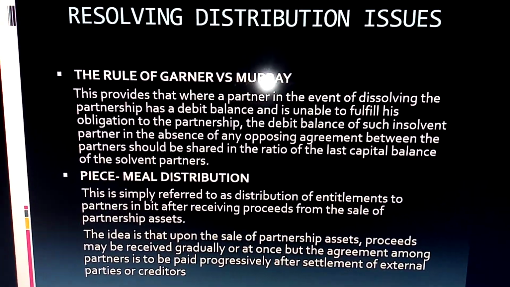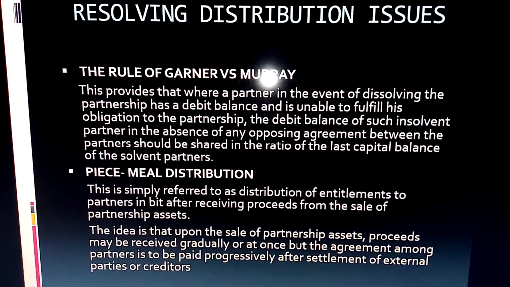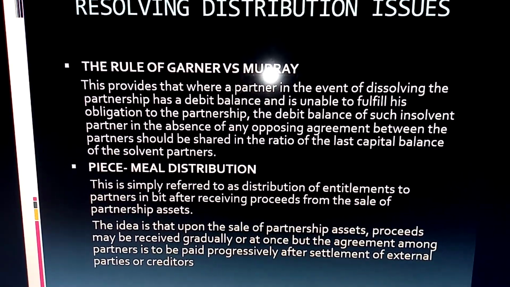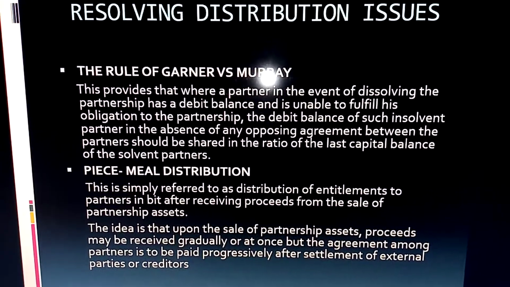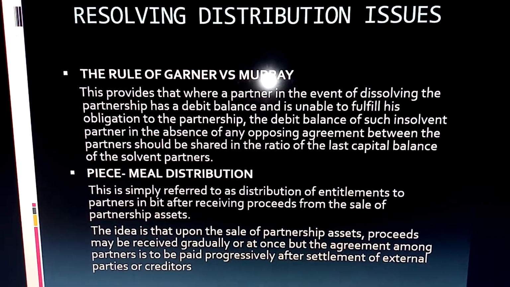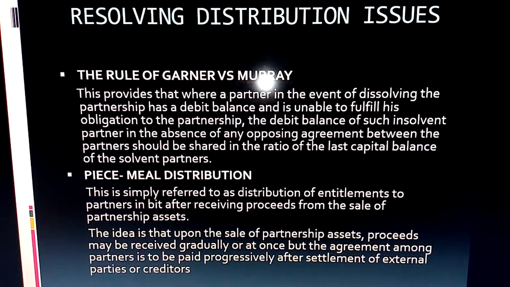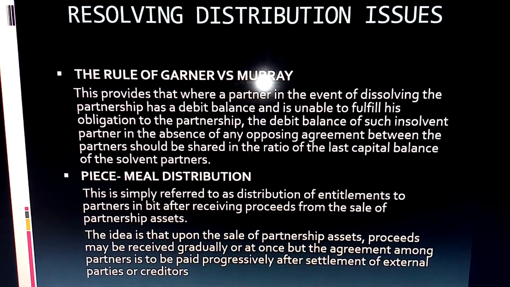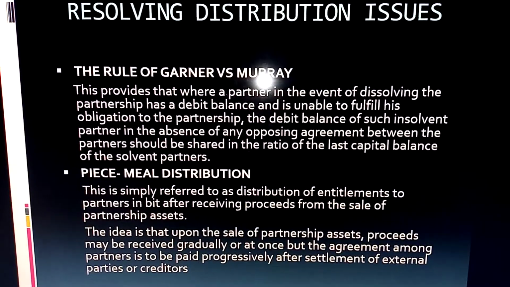Okay, so it can be agreed that other partners will wait for this partner that is in debit to refund money to the partnership so that they can be paid. But sometimes it's also possible that the partners that are solvent take the debit balance from the partner that is insolvent.